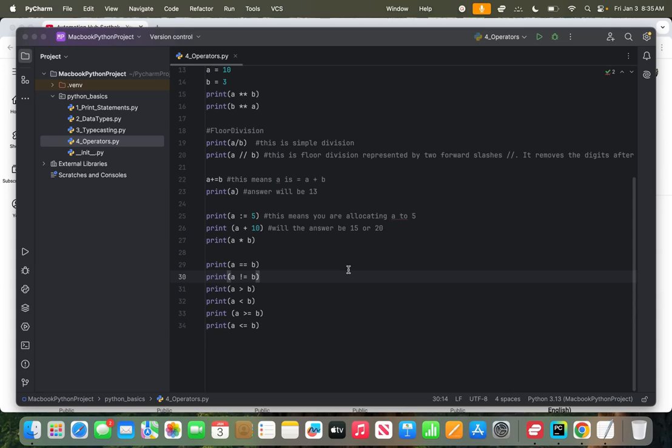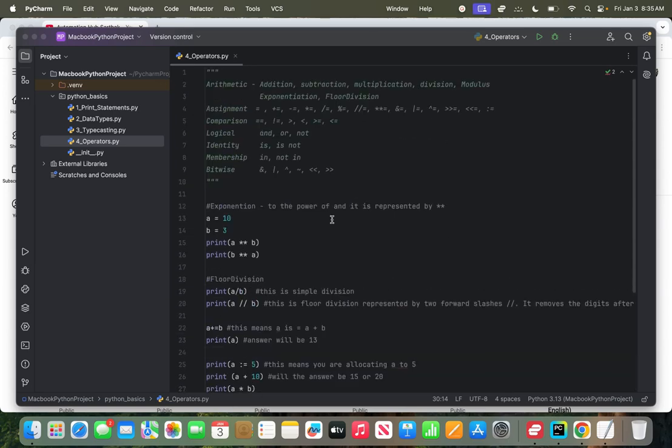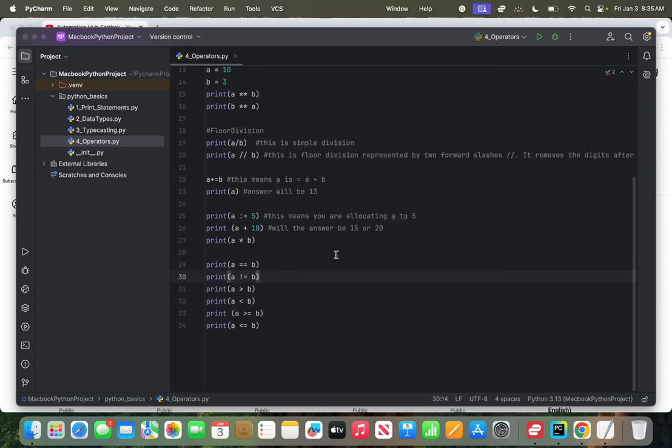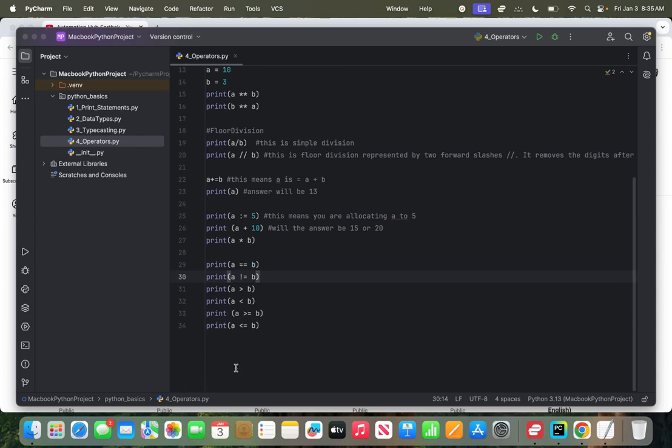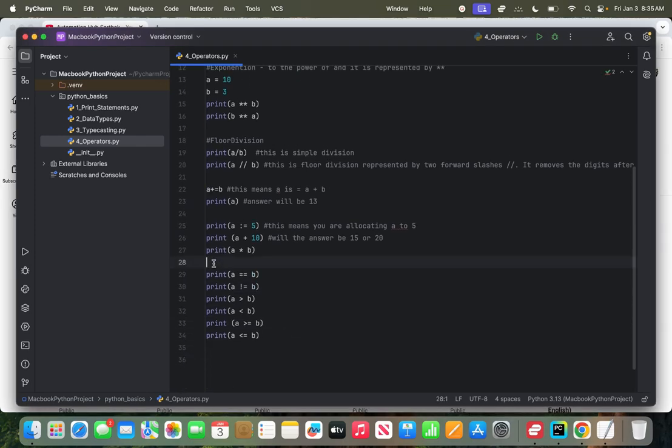So guys, these are nothing but your comparison operators. Logical operators also consist of and, or, not. So you have to use those things. Okay, so this one was part of your, sorry, my bad, comparison kind of a thing.